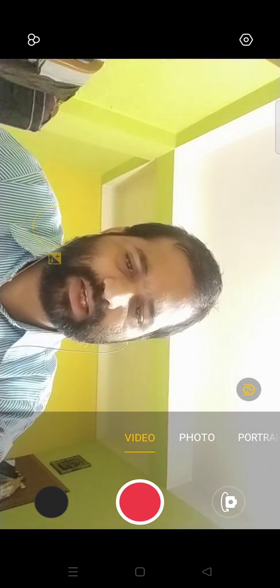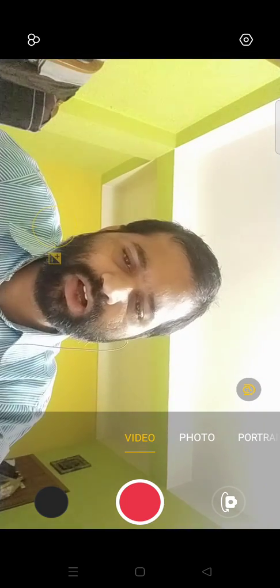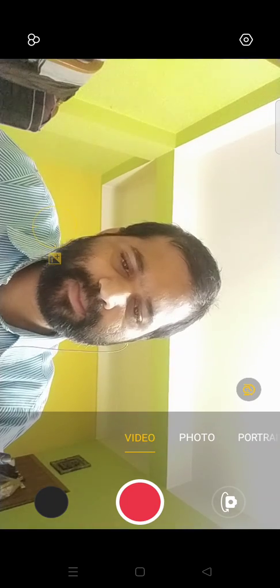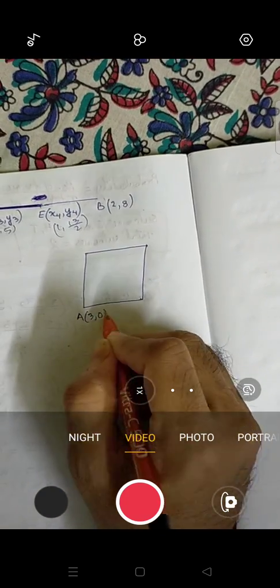So first of all, draw a rhombus on the right hand side. Remember that in a rhombus all sides are equal, so you will draw it this way. This is A and the value of A is 3 comma 0.